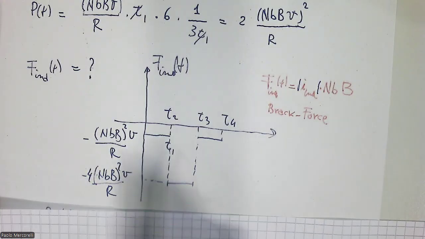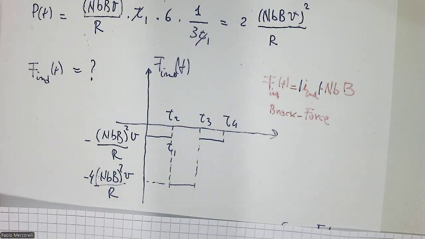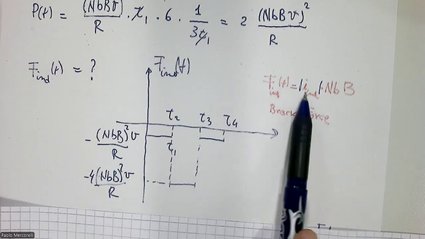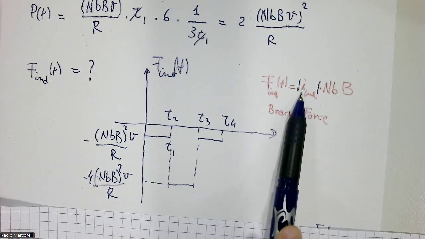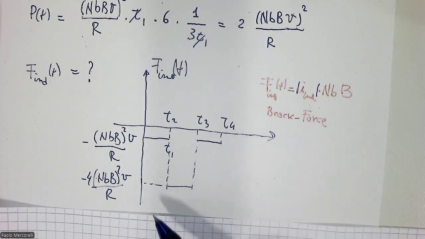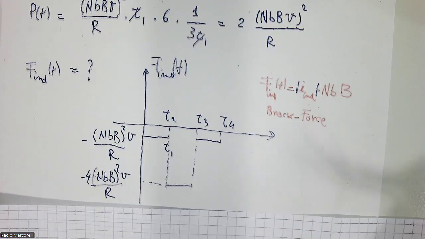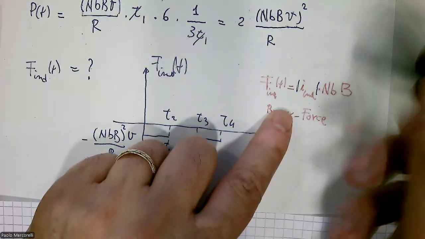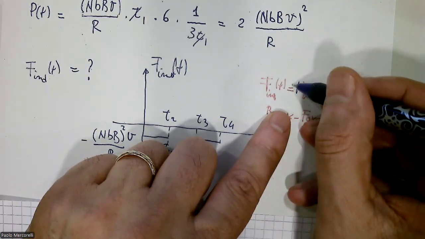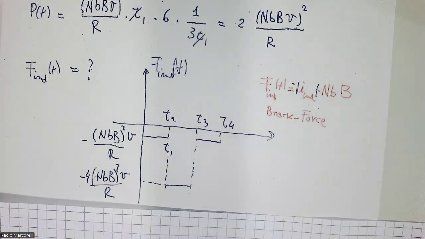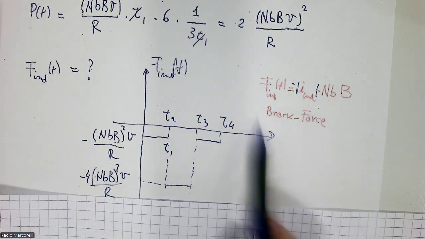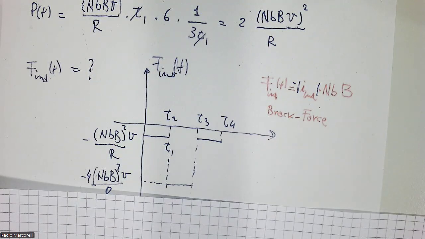But applying this is basically easy, because you know the induced current. Please pay attention, it is positive. In this sense, I forgot to say, if I put this, I have to put a minus. Otherwise, very often we say brake. Now we can see a brake force without any notation. This means it's negative.